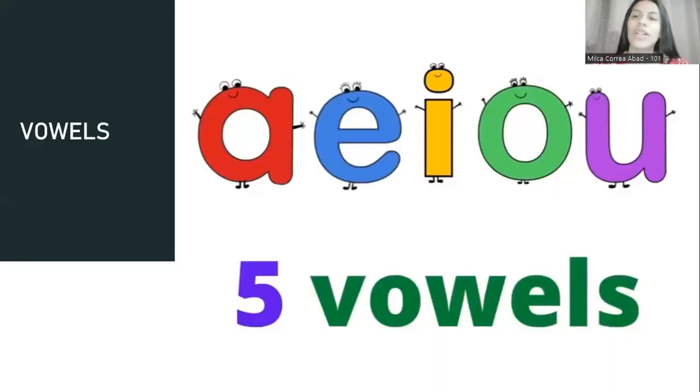As we know, we are familiar with the vowels a, e, i, o, u, the same as in Spanish. But in English, those vowels can give us about 15 different sounds.